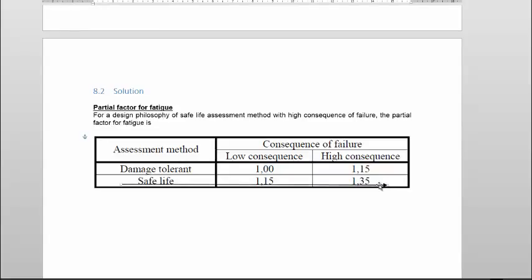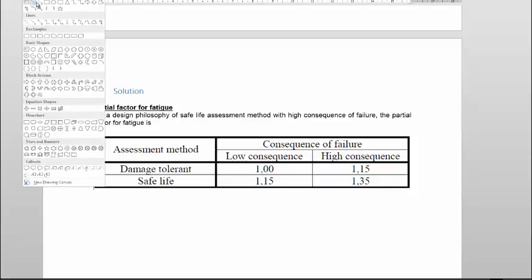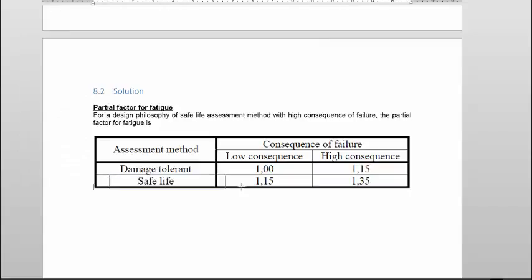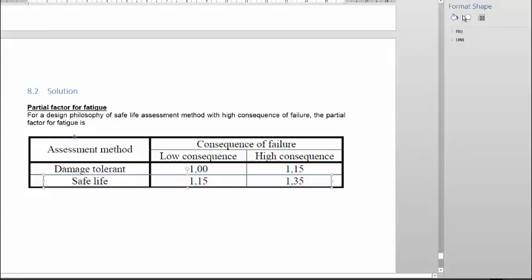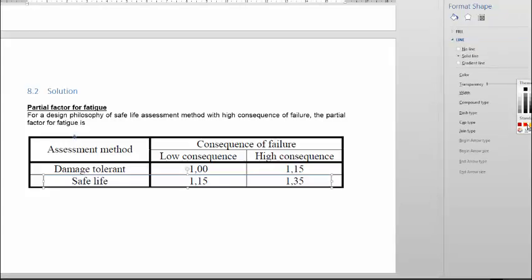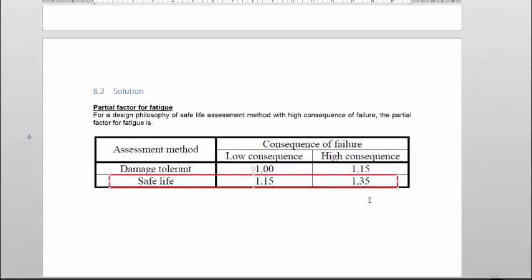Right, and let's use a little block because that always looks a little bit better. So we have the safe life method that we want to use, and I'm just going to make this block red so that we never forget about the line and we can clearly see it. I will just make it the default shape, since we're going to use it quite a lot in this example.